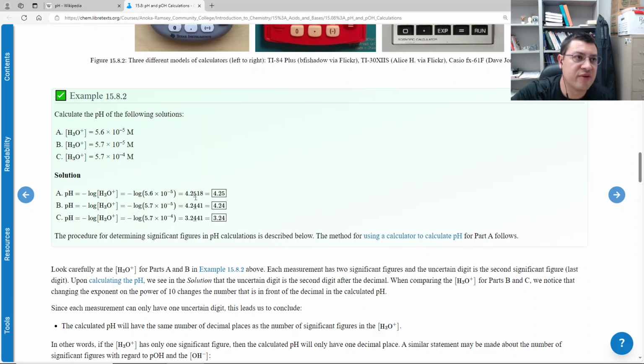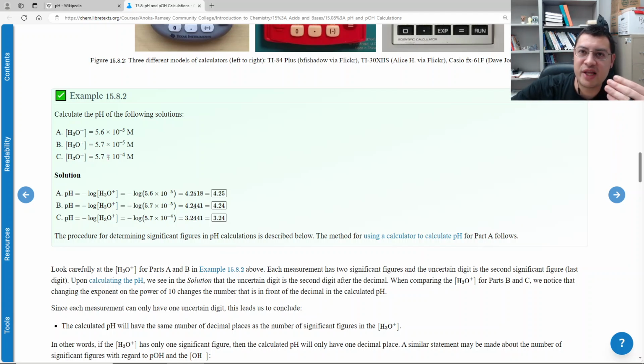For the 5.6 one, we get 4.25, and for the 5.7 solution, we get 4.24. So when those pHs are calculated, they only differ in the hundredths place rather than the tenths place, which maybe is what you would predict from the original number.